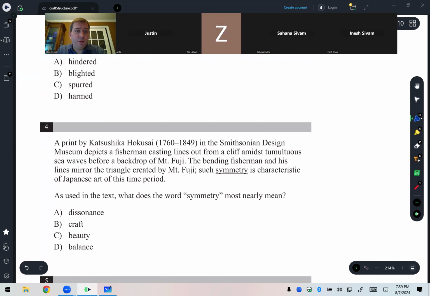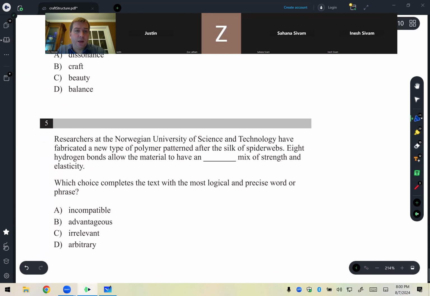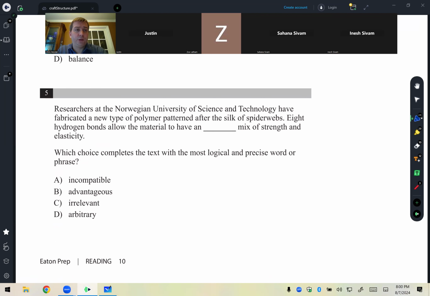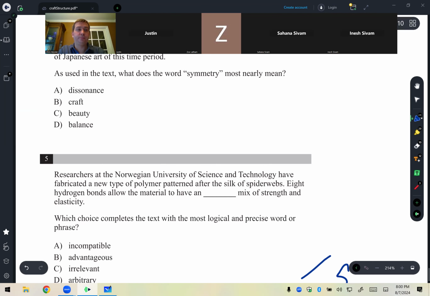Number four is a synonym question. And number five is another fill in the blank question. So try these five. We are going to add up how many we get right out of five. I think it's important to keep track of this. If we're getting all of them correct, you're going to be very ready for the SAT, or the ACT. So try these five and going to take about 5 minutes. We'll go over them together.